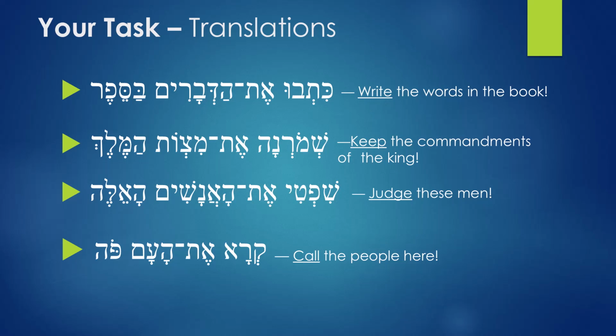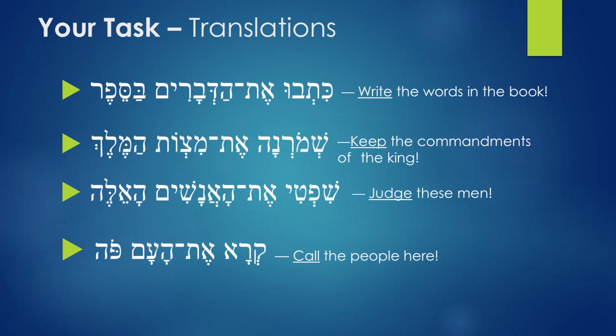Et is pointing you to the object. Hadevarim, write the words, from the word davar. Basefer. That ba has swallowed up the definite article, and so you have basefer, in the book. So in English, it's going to be write the words in the book.